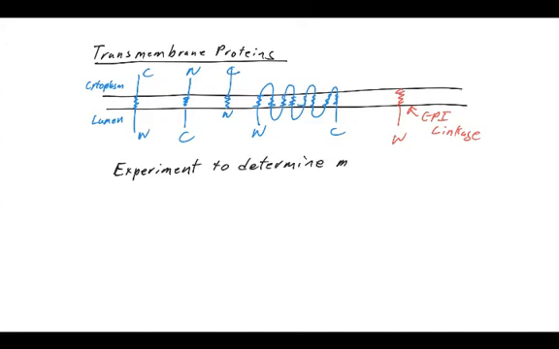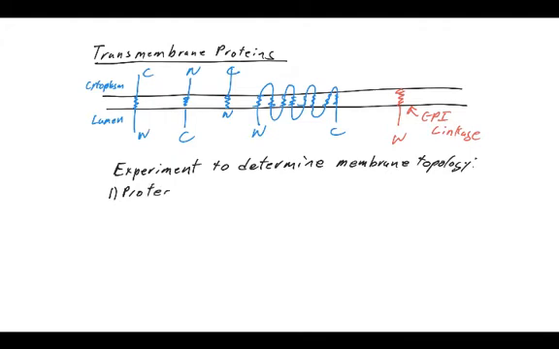And by topology, I mean the nature in which it loops back and forth across the membrane. So the first classic assay that people had was proteolysis.